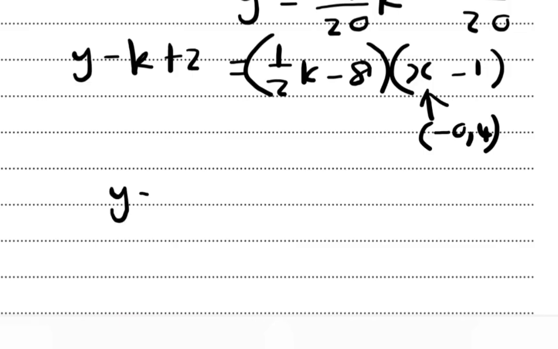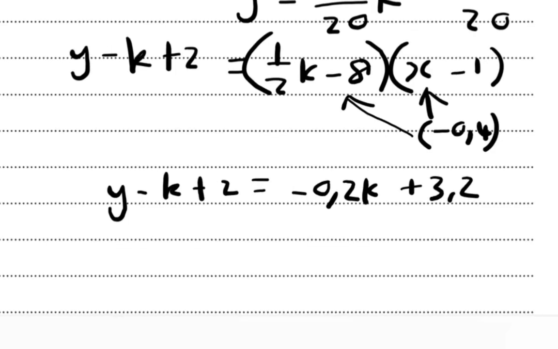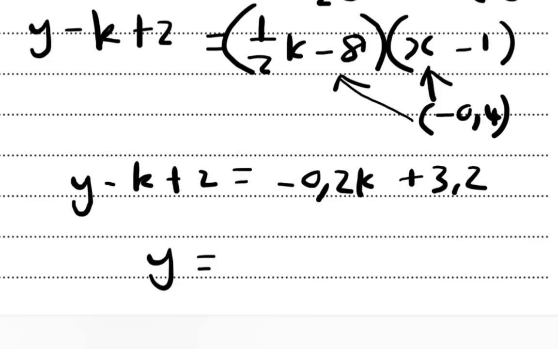So this will give us y minus k plus 2 is equal to minus 0.2k. We're now multiplying this with half k and minus 8, minus 0.8, okay, it's minus 8 times minus 0.4, we get 3.2, like this. So this gives us y is equal to 0.2 plus 1, the 0.8k, then 3.2 minus 2, that's plus 1.2.